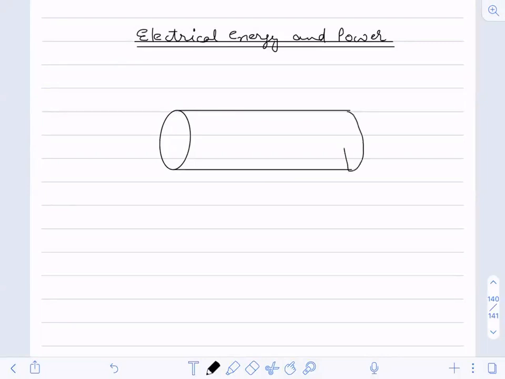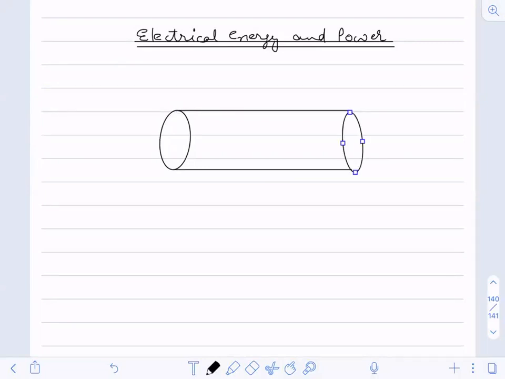Now, suppose I have a conductor with me, and there is a current flowing through it across its cross section.